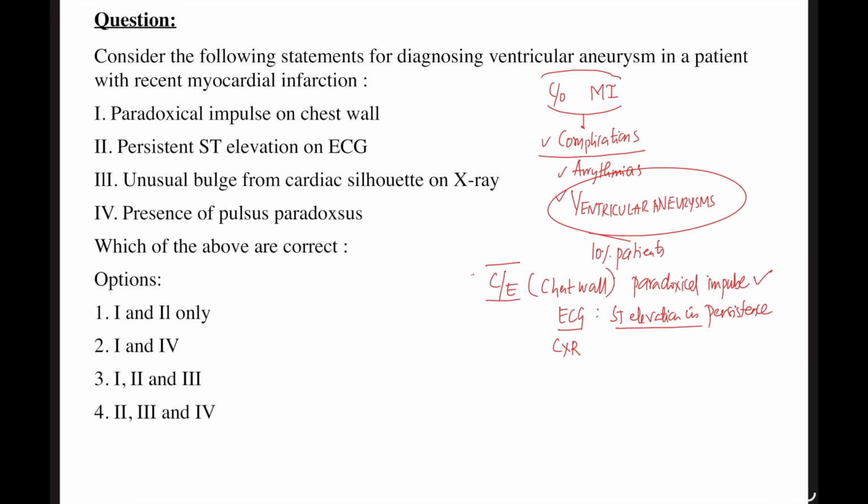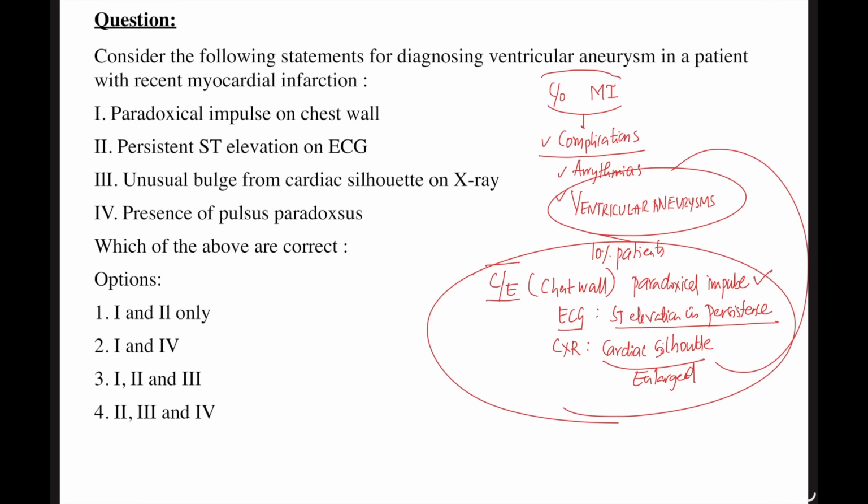In ECG, you will see persistent ST elevation, and in chest X-ray, when you look at the cardiac architecture, or more precisely in radiology we call it the cardiac silhouette, you observe that it is enlarged. So enlarged cardiac silhouette on chest X-ray, persistent ST elevations on ECG, and a paradoxical impulse on the chest wall when you examine. All three things point to chances of development of ventricular aneurysms.